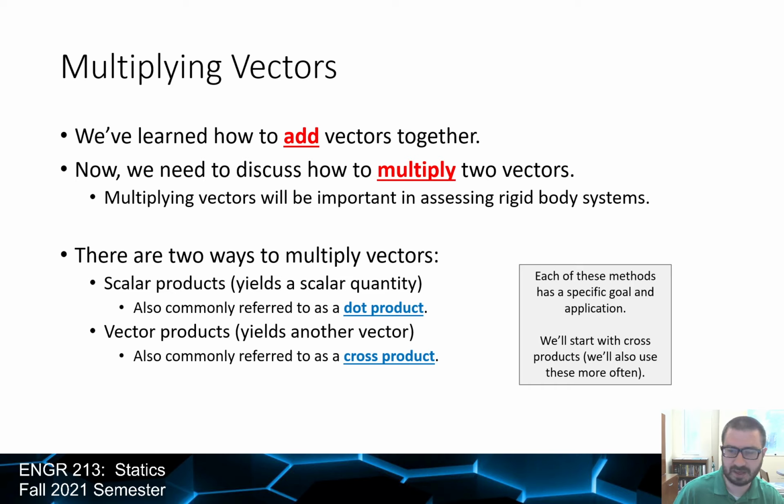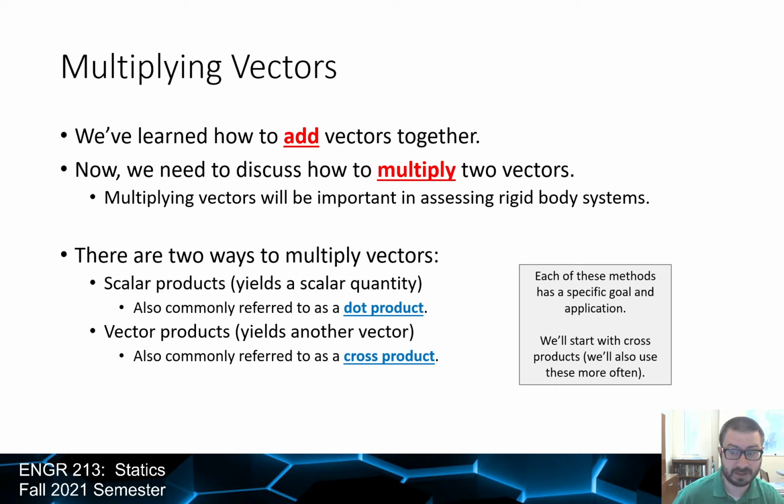If you ever took a course in linear algebra, they would call that a linear combination. Everybody in the class should be very, very comfortable with doing that stuff. But we now need to discuss how to multiply vectors. And it's very important in assessing rigid body systems, because the cross product of two vectors leads into the formal definition of a moment, which is what rigid body evaluations are all about.